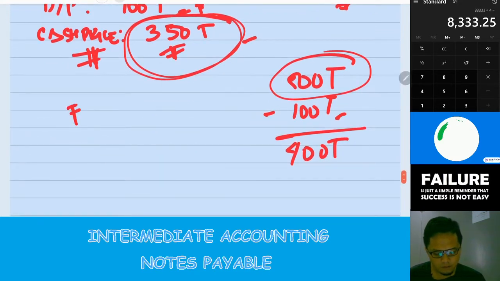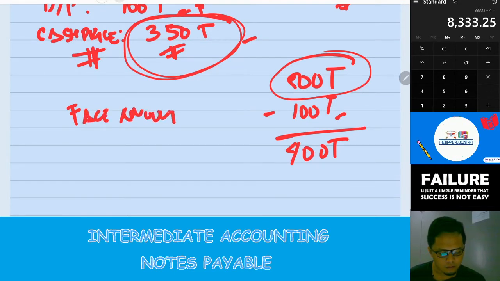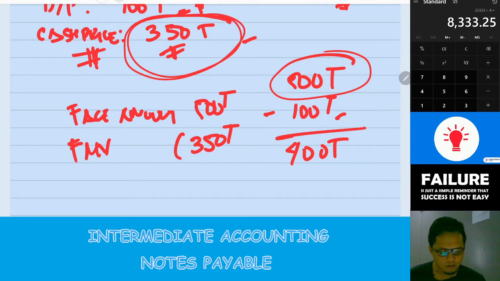So the point is, if we have a face amount of the note of 500,000, then the fair market value of the note, the same as the fair market value of the equipment, is 350,000.